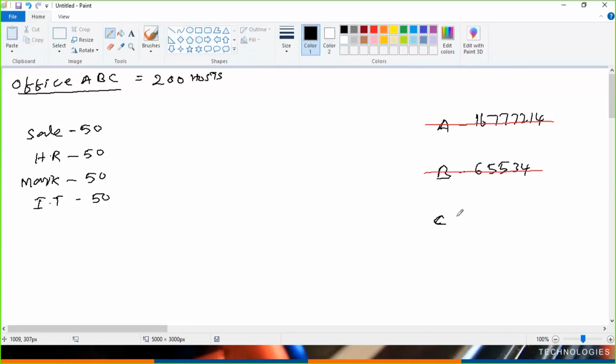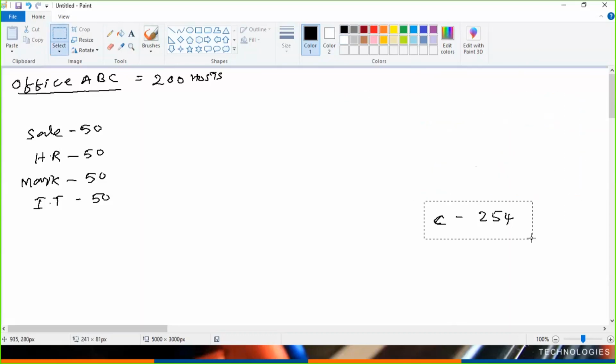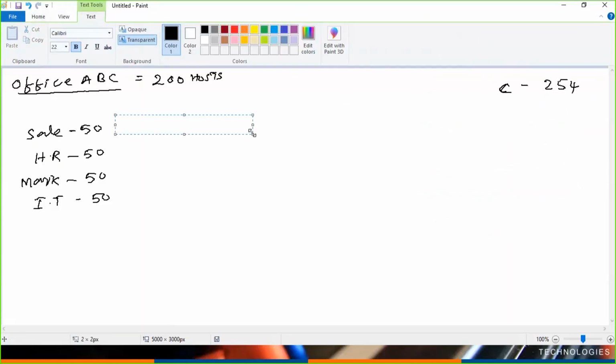And the best one is what? Class C, 254 IPs. Agree? Then give me a class C IP address. 192.168.1.1.